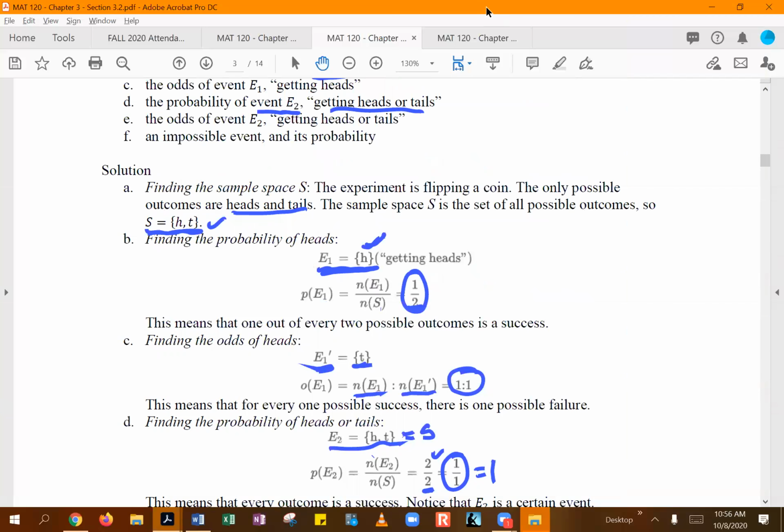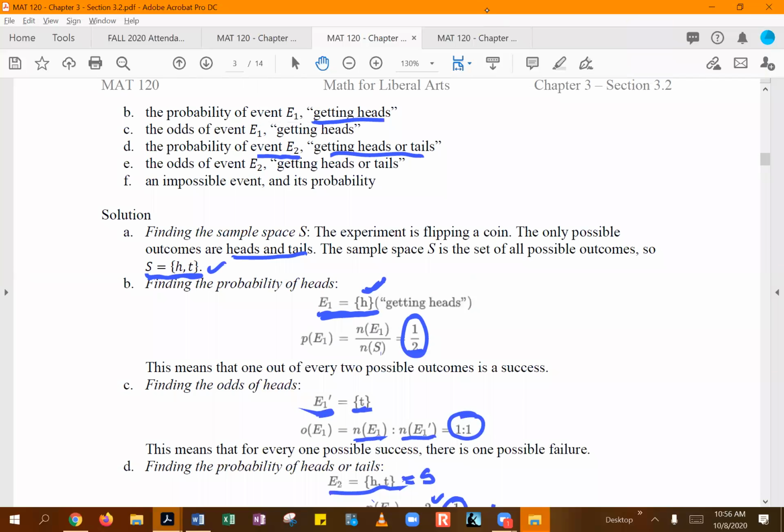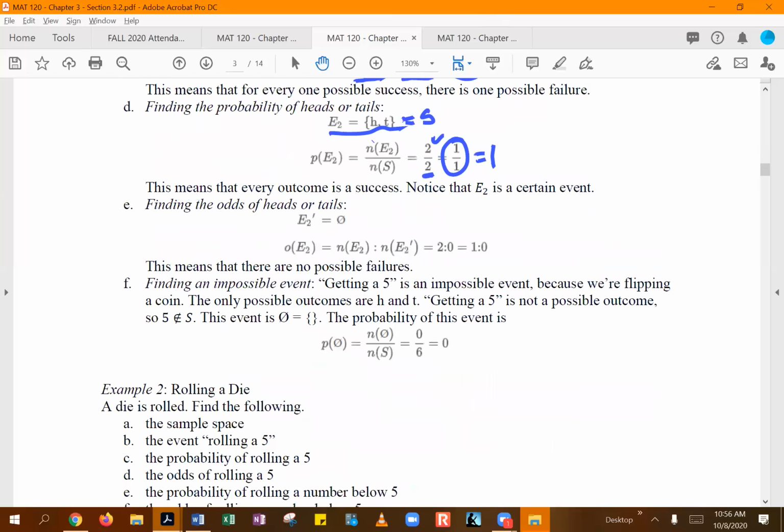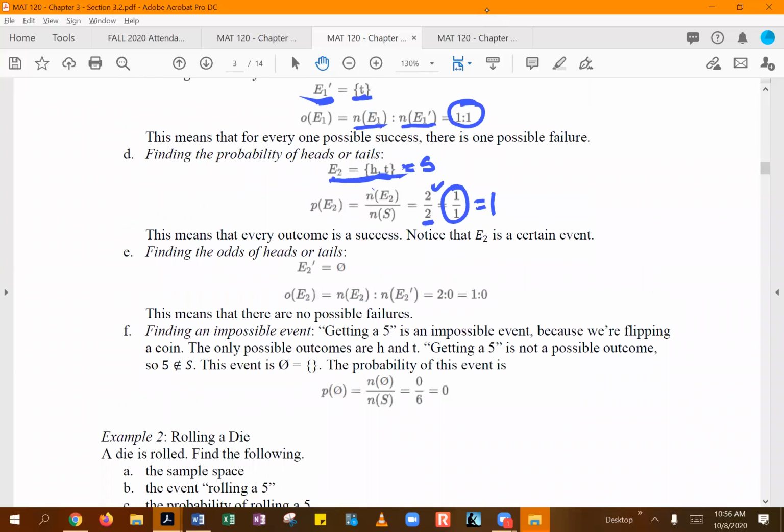Now, the interesting part is when you talk about the odds of this event happening, getting a head or a tail. Since our event E2 has both H and T as its outcomes, the complement of that event is going to be an empty set.